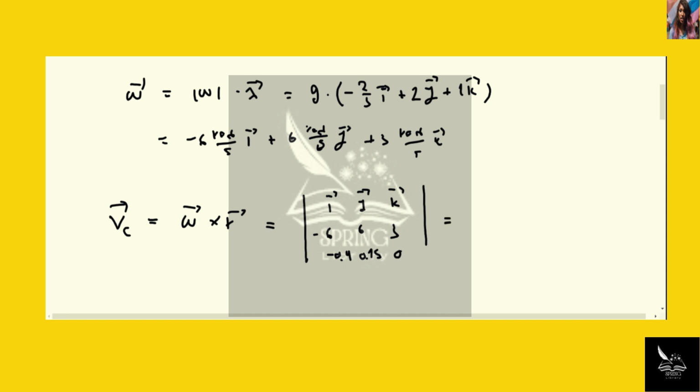So we basically make determinants. So this times this minus this times this. So it will be 0 minus 0.45.